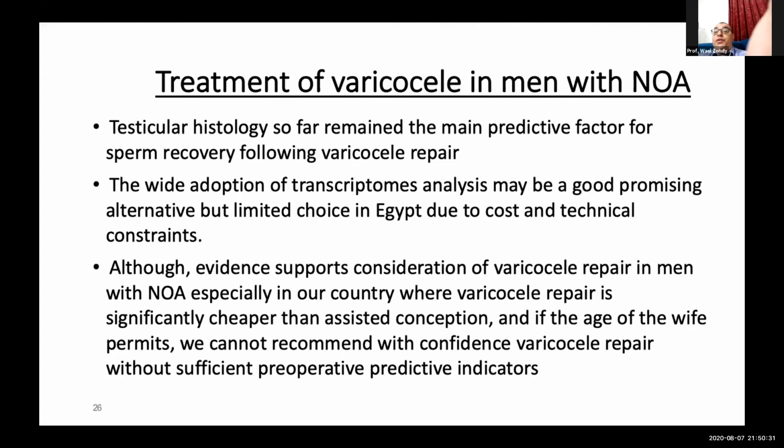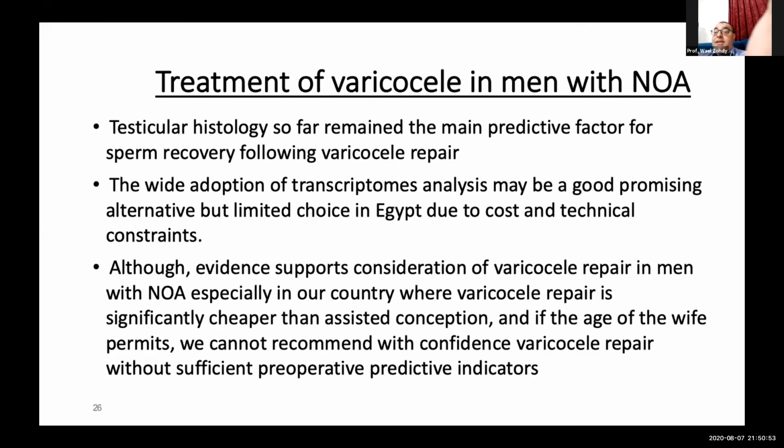Testicular histology has so far remained the main predictive factor for sperm recovery. As Dr. Sarver said, the wide adoption of transcriptome analysis may be a promising alternative, but again, because of the technicality, it's a limited choice in Egypt due to the cost and technical constraints.